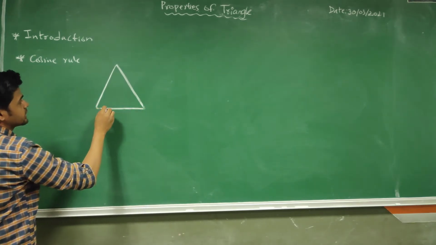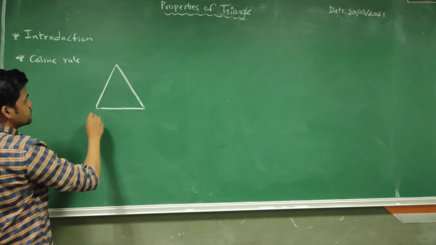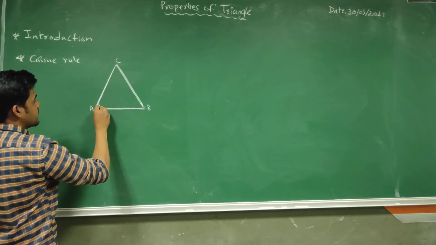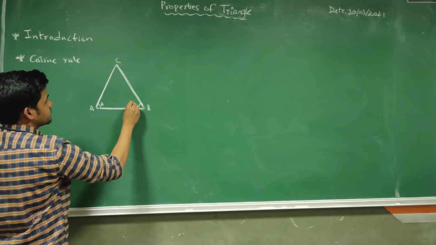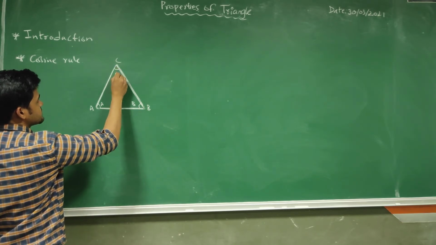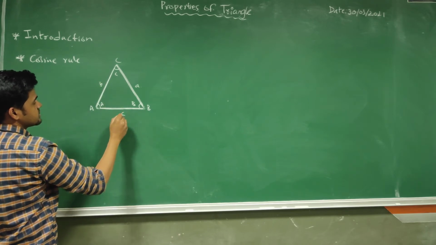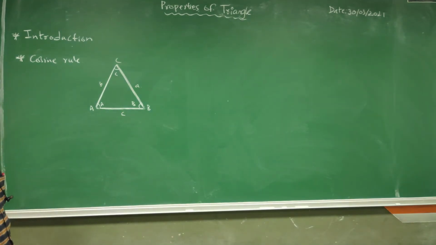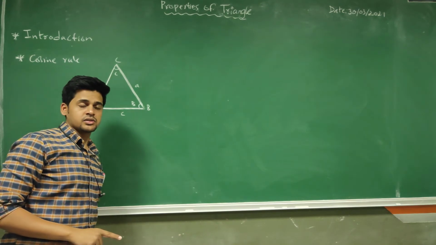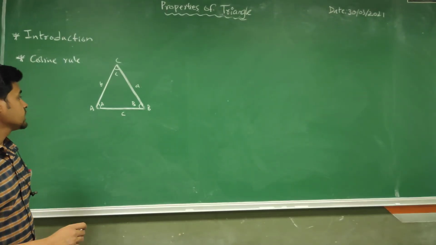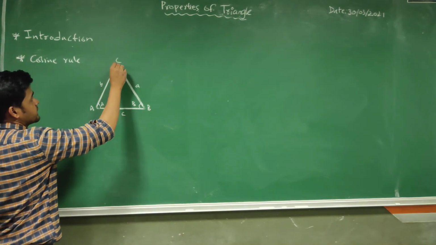Okay, acute angle. So in acute angle, let's suppose the angles are A, B, and C. The sides, this is a, this is b, this is c. And again, if I want to apply cos, I should have a right angle triangle. Okay, so here I need to draw a right angle triangle.